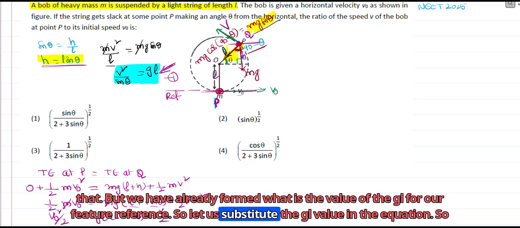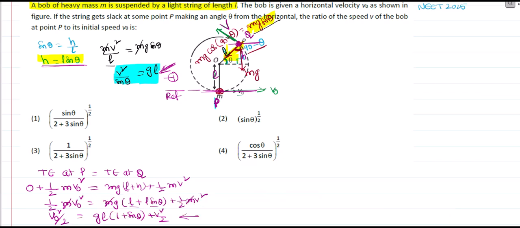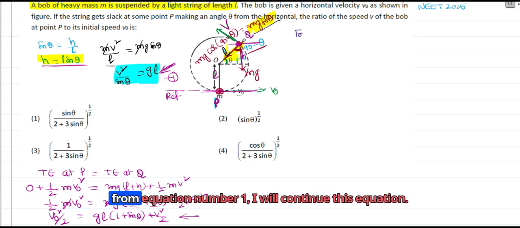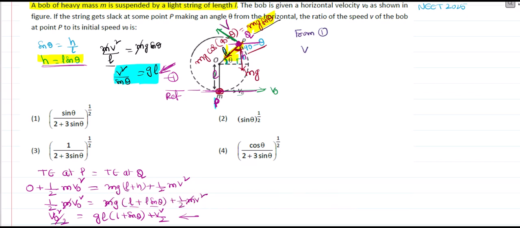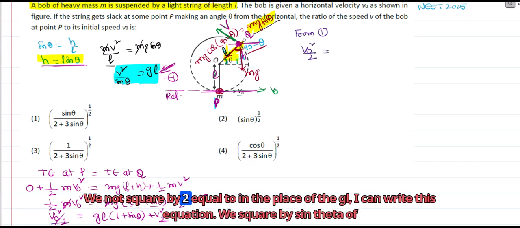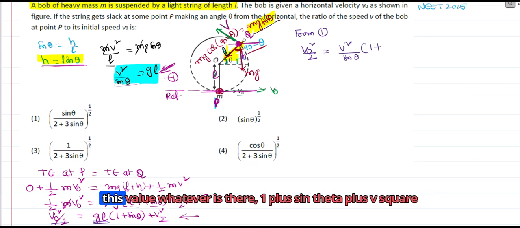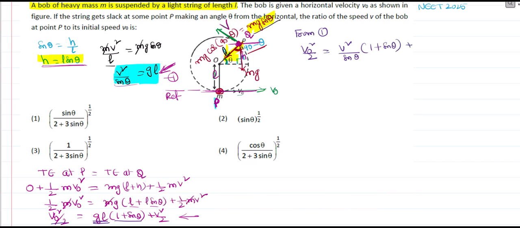So let us substitute that gL value in this equation. From equation number 1, I will continue this equation. V0 square by 2 equal to, in the place of gL, I can write V square by sin theta, of this value, 1 plus sin theta, plus V square by 2.